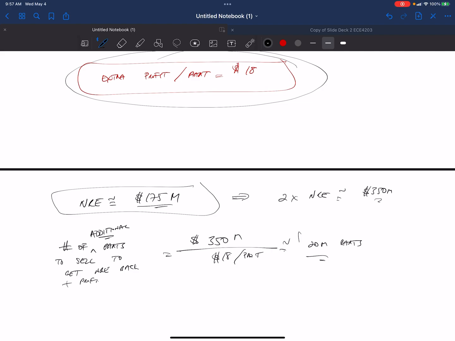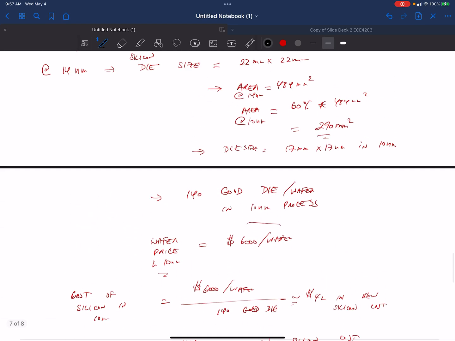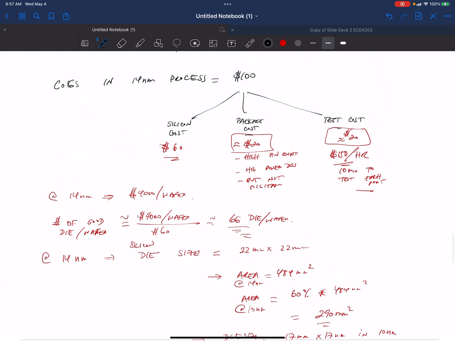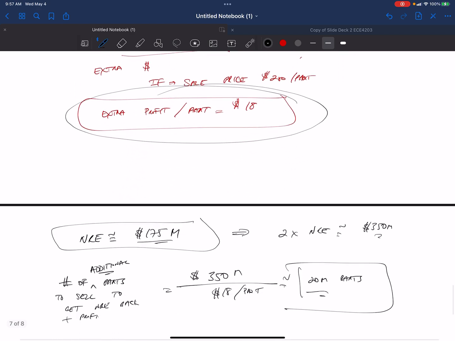Okay, so this was the cost calculation. Now what I'd like for you guys to come to this or next Friday's meeting, depending on which one you signed up for, is this calculation.